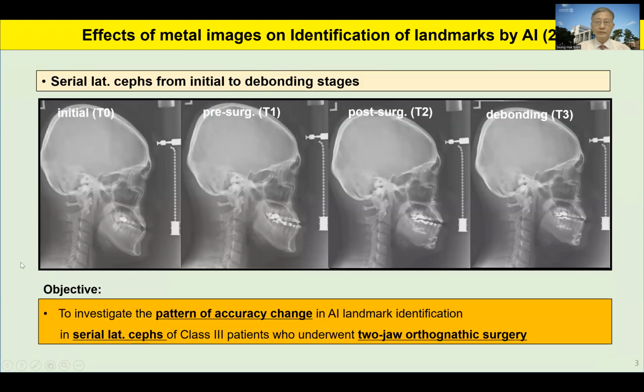Therefore, the purpose of this study was to investigate the pattern of accuracy change in AI landmark identification in serial lateral cephalograms of orthodontic surgery patients.